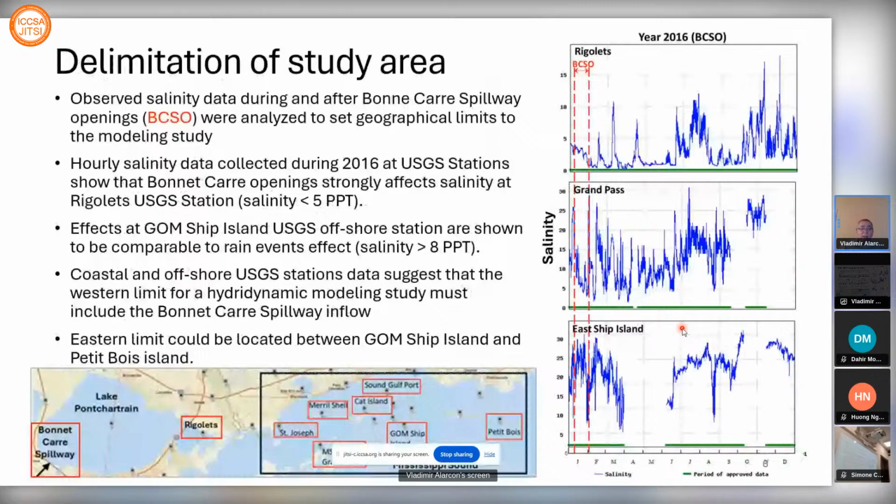For example, we have looked at salinity data collected by the USGS, the United States Geological Survey.